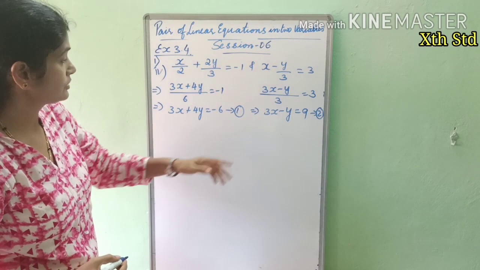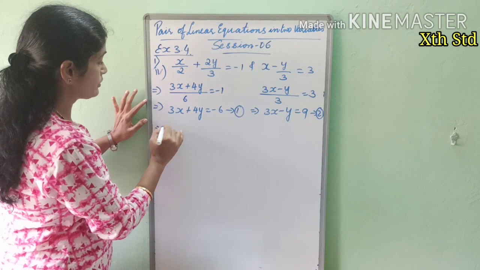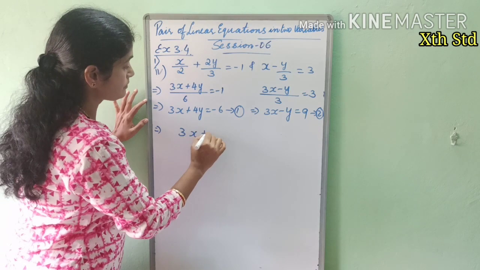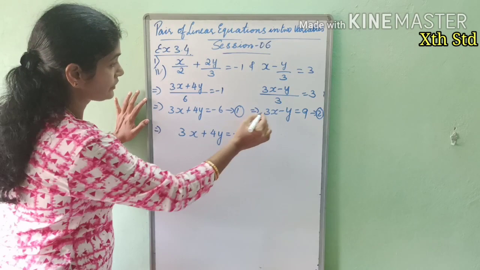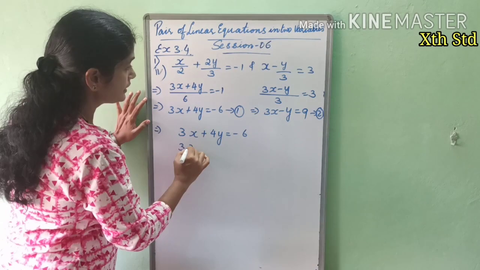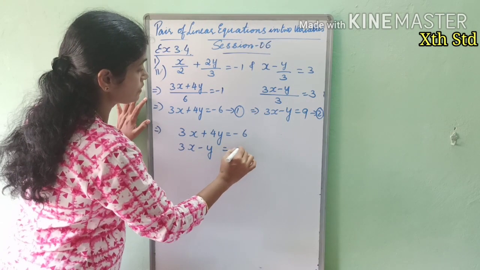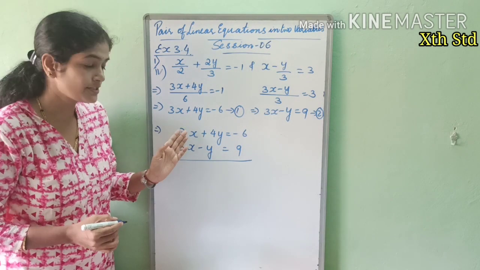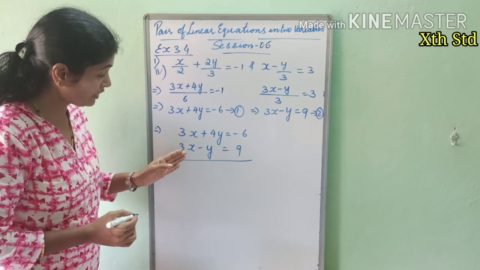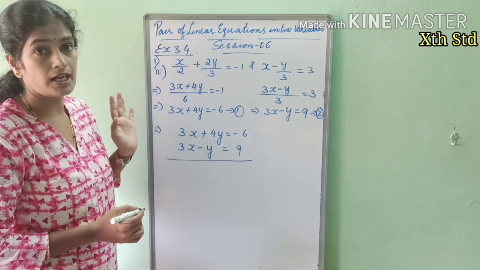Right. Now just look at those two equations. It is 3x plus 4y equal to minus 6 and the other 3x minus y is equal to 9. Already the coefficients of the variable x are same.